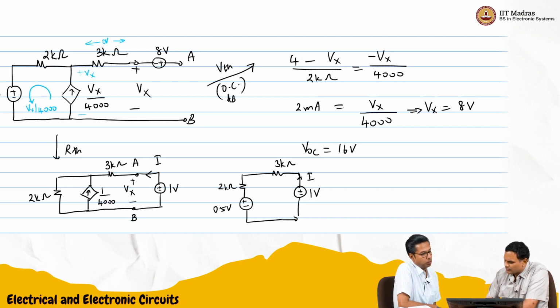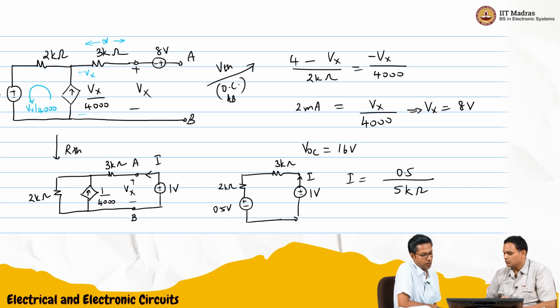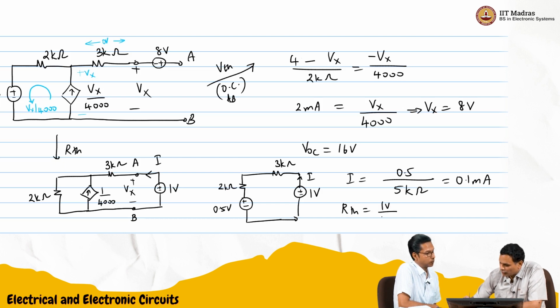It is just 1 minus 0.5, so 0.5 by 5K. 5 kilo ohms, so that is 0.1 milliamperes. So the resistance is 1 volt by I, so this is 1 by 0.1, 10 kilo ohms.